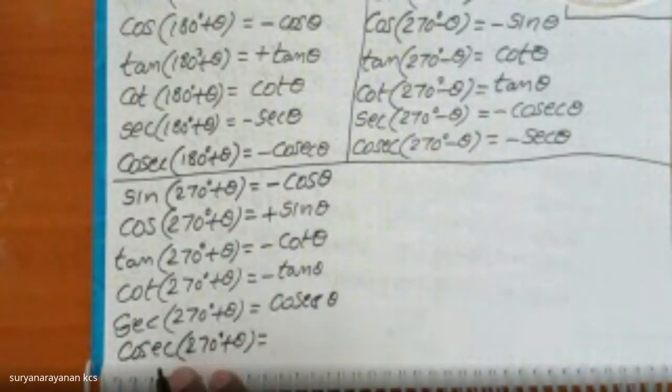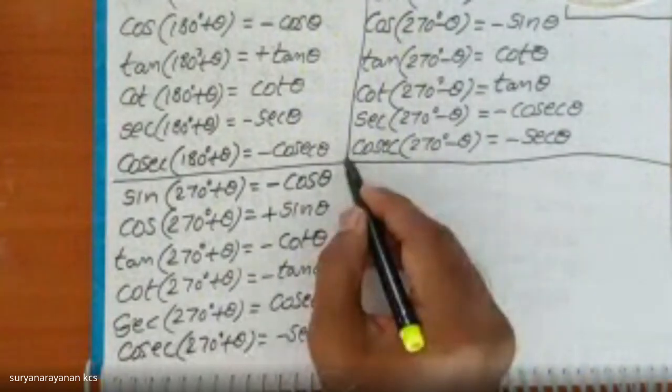Cosecant 270 degrees plus theta. Tell me the value of cosecant 270 degrees plus theta. Yes, very good, Amma. Minus secant theta.